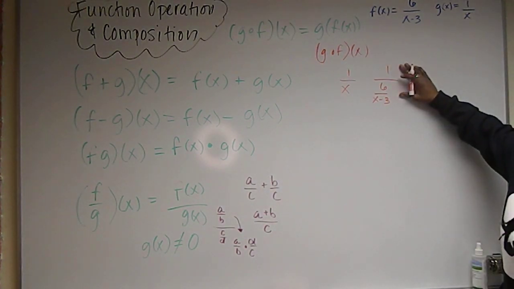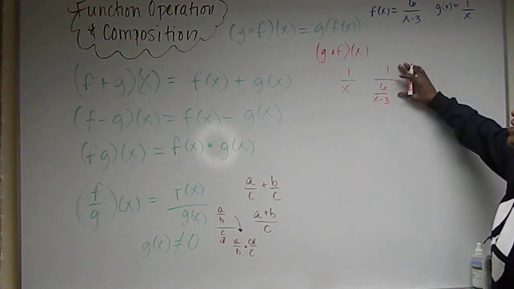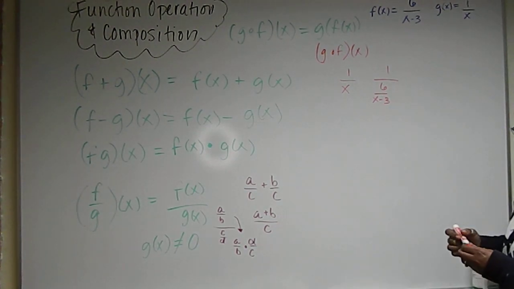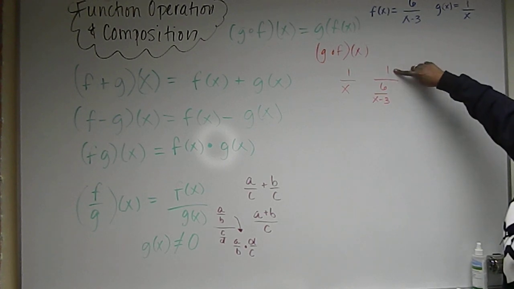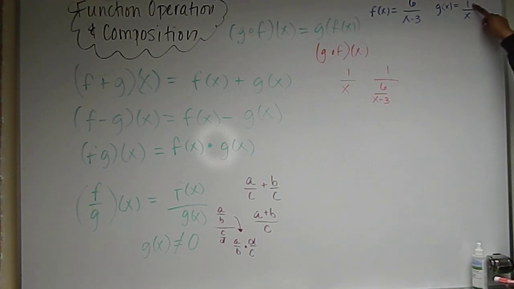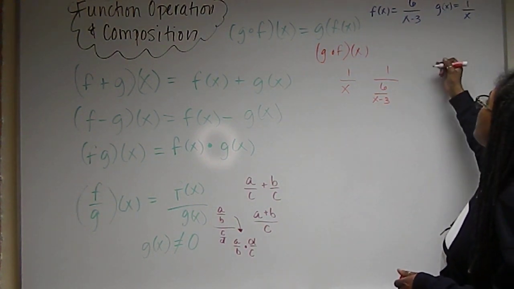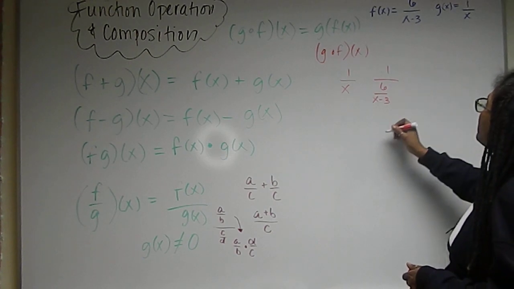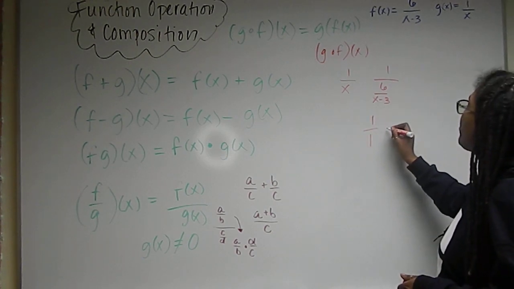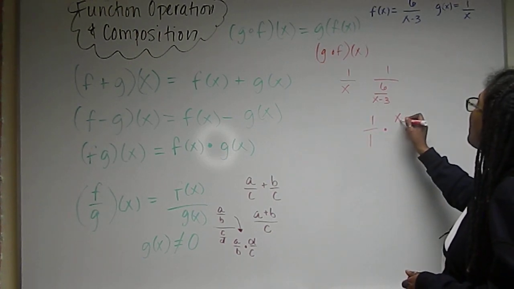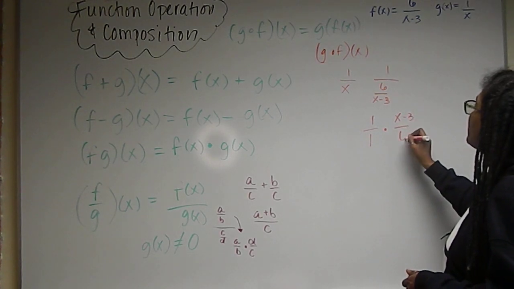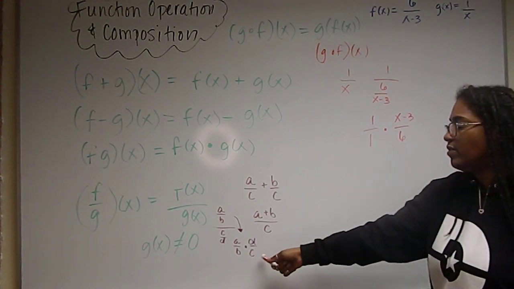Okay, but anyway, now that we have this, it's nowhere near as bad or complex as we thought. We don't have to do any fraction work pretty much, right? I mean, just a little bit of simple fraction work, because we know that 1 is our numerator, and our denominator is that complex fraction. So really we have 1 over 1 times x minus 3 over 6. Because what's the rule?